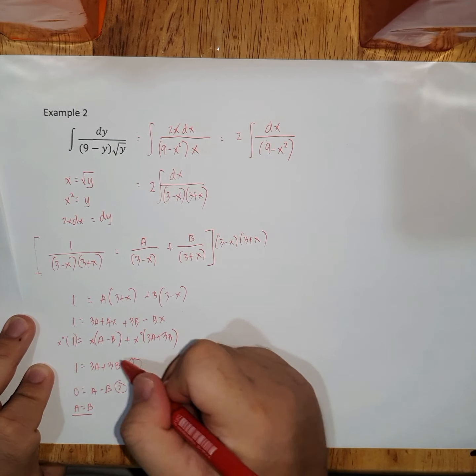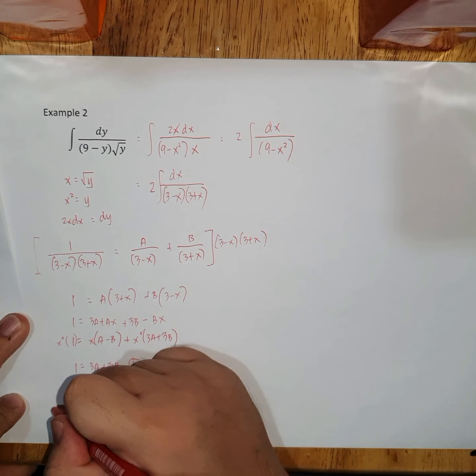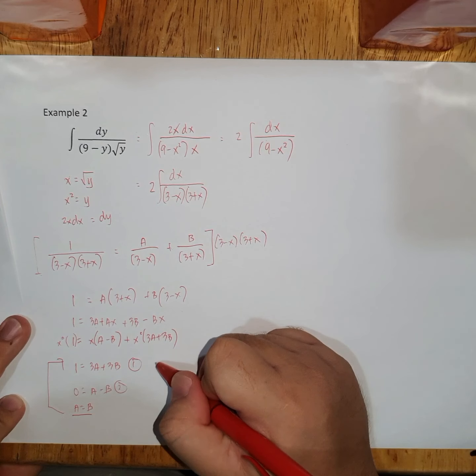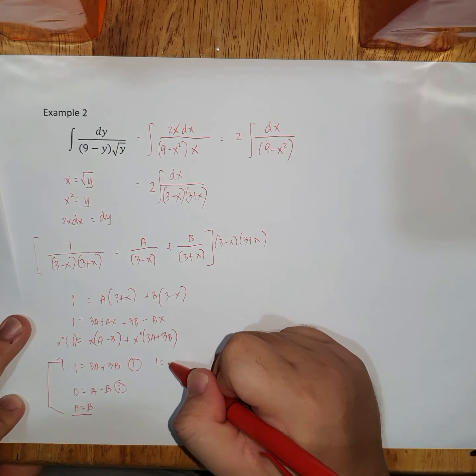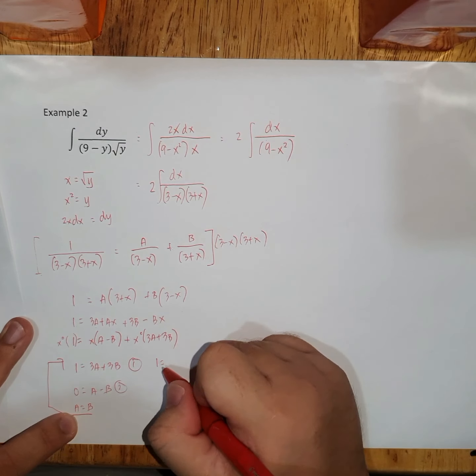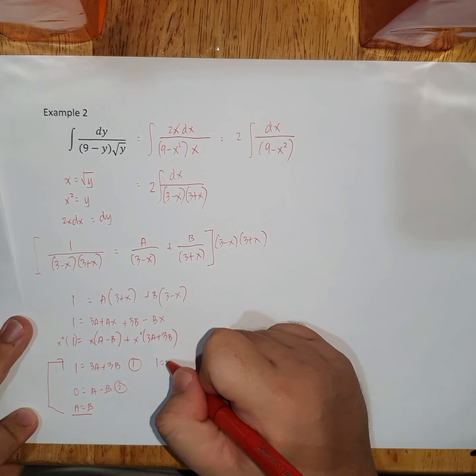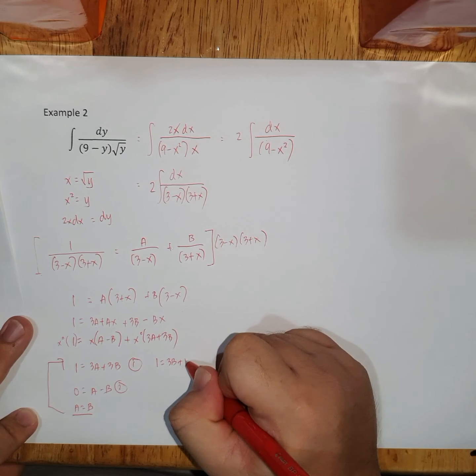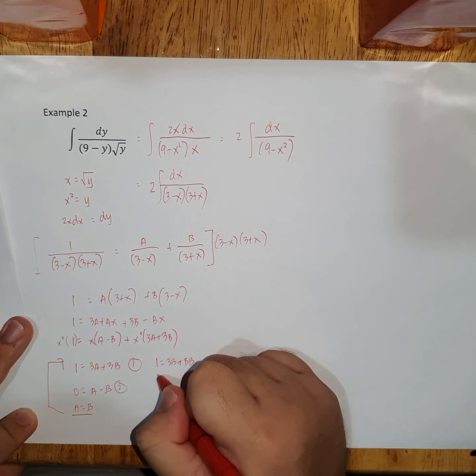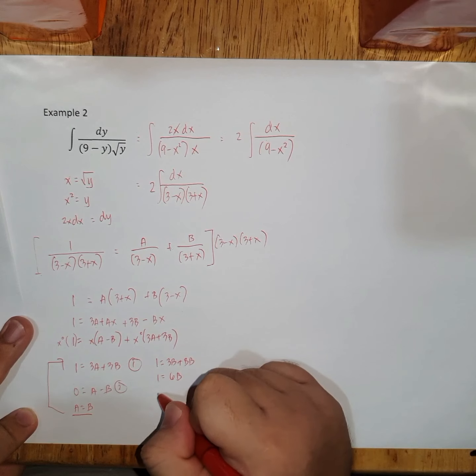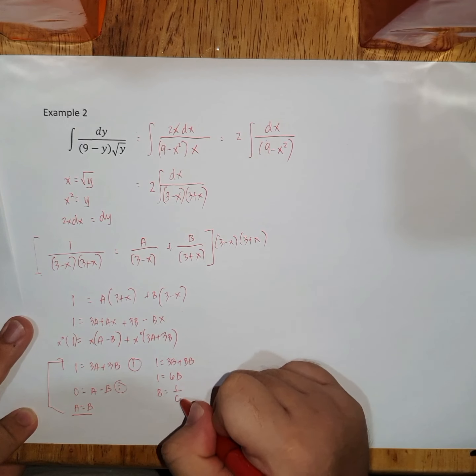Then we substitute into equation 1. We have 1 equals 3b plus 3b, so 1 equals 6b, or b equals 1 over 6.